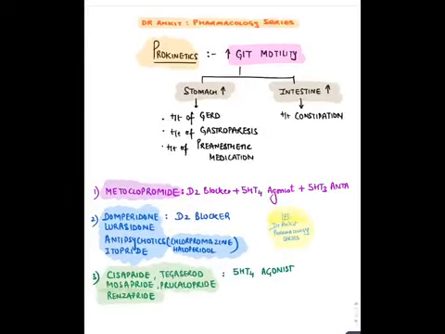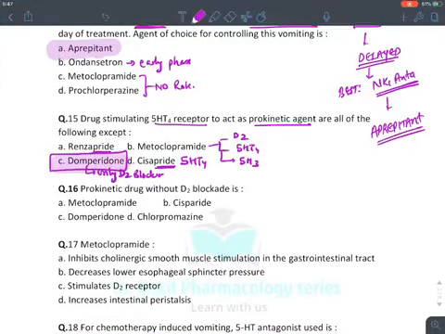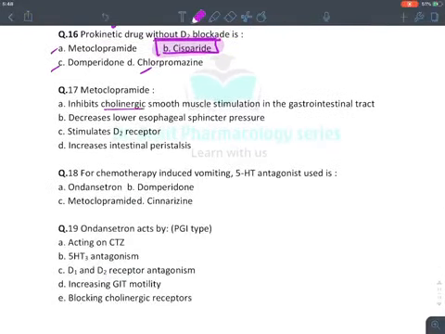Metoclopramide acts on all receptors, domperidone only on the D2 receptor, and the pride drugs only on the 5-HT4 receptor. So the answer here, not having action on the 5-HT4 receptor, is domperidone. A prokinetic drug without D2 blockade is cisapride. Metoclopramide true, domperidone true, antipsychotics like chlorpromazine true. They have D2 blocking property.